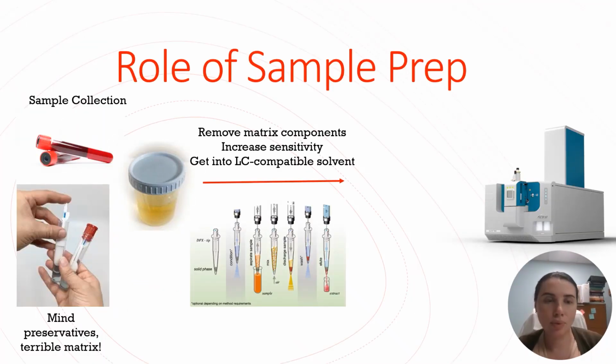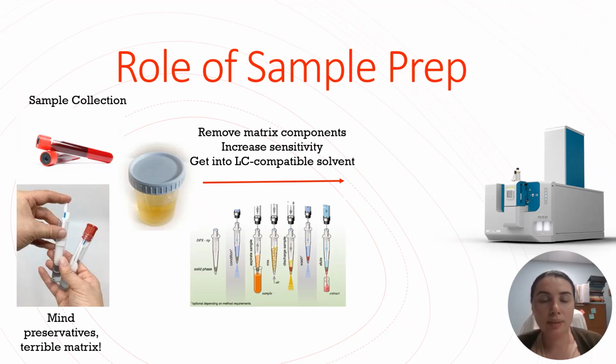So what is the role of sample prep? Sample prep plays a big role because depending on your sample collection and the particular samples, you may have preservatives or matrix components that you might want to remove before they hit your instrument.